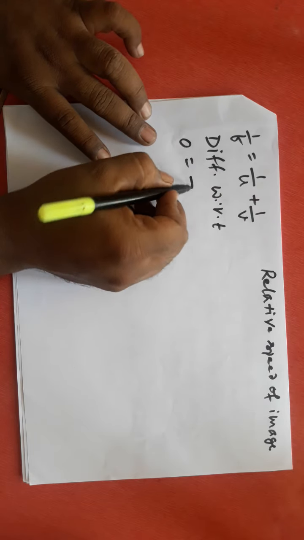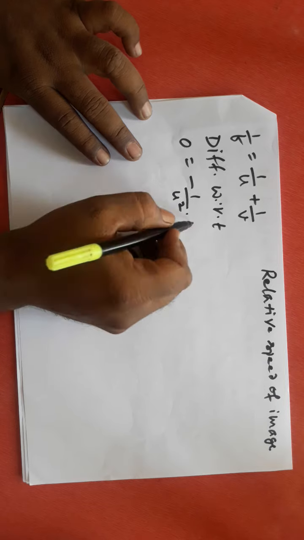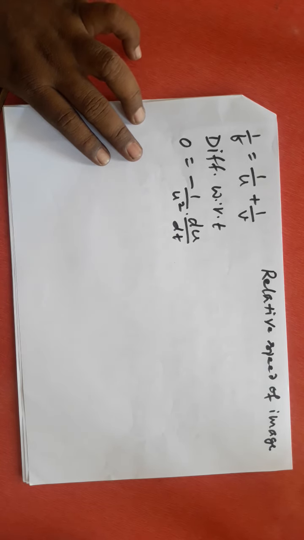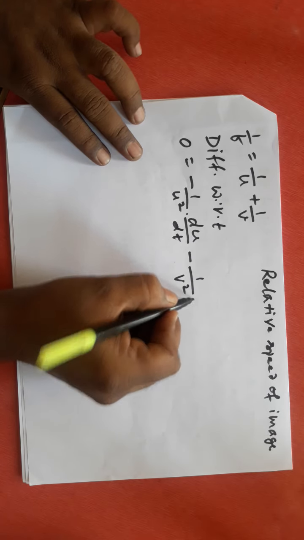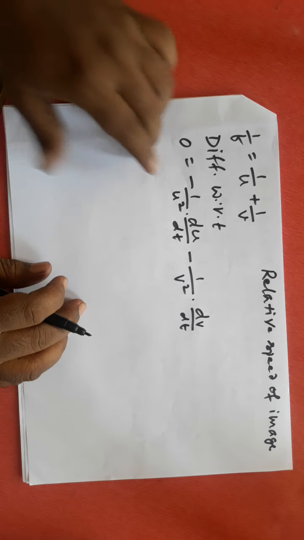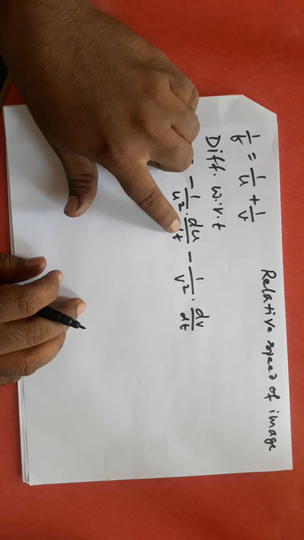Then if you differentiate, this will be minus 1 by u squared into du by dt, because we are differentiating with respect to time, and minus 1 by v squared into dv by dt. Rate of change of object distance gives the velocity of the object.